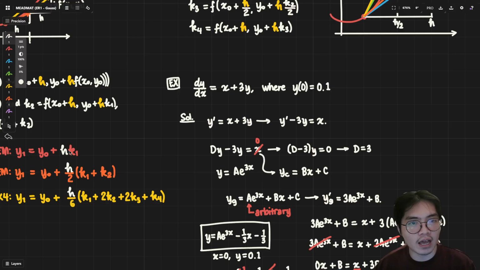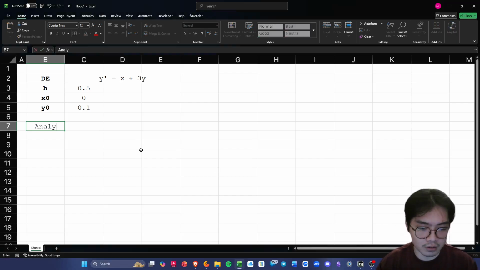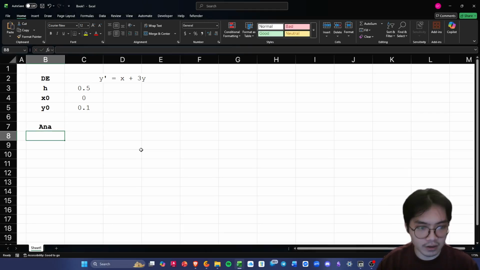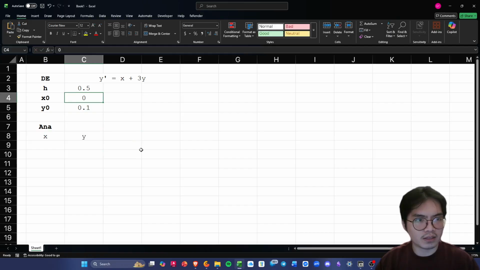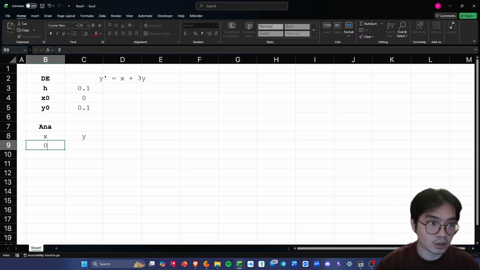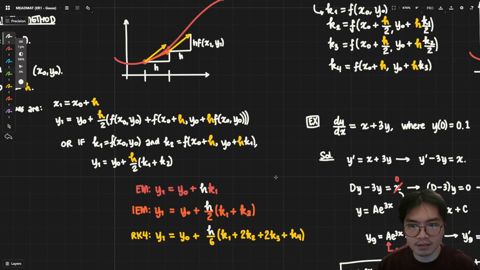First, we will have our analytical method. Just have it as Anna here. What you will have is x and then y. Let's make this 0.1. You'll have your 0, your initial value in here, and then your y value is going to be unlocked by this thing.